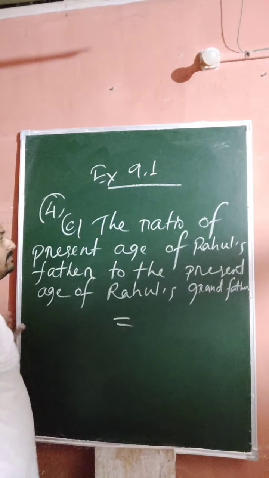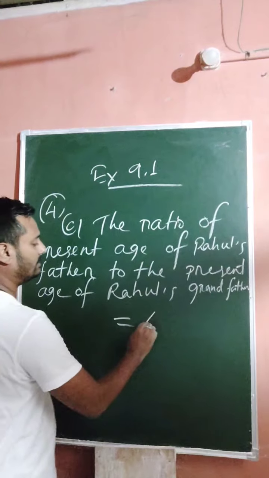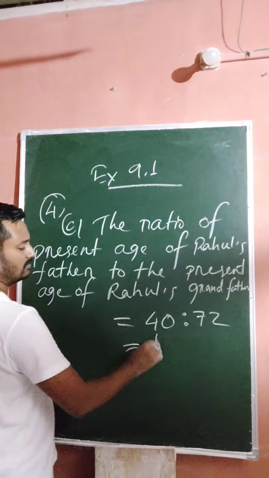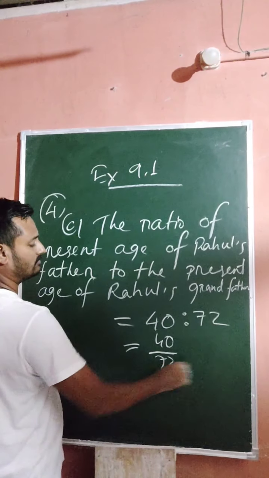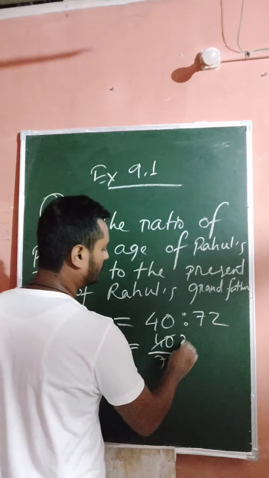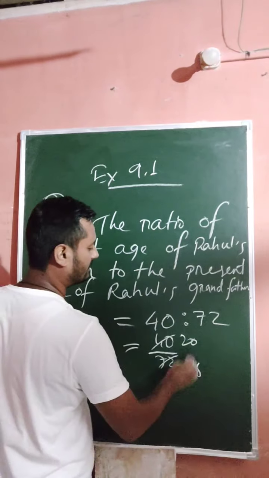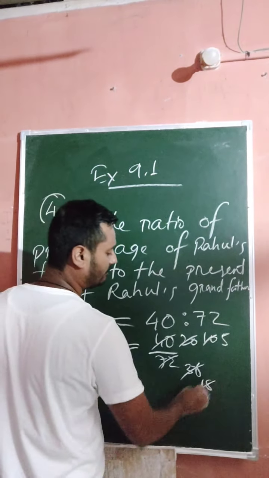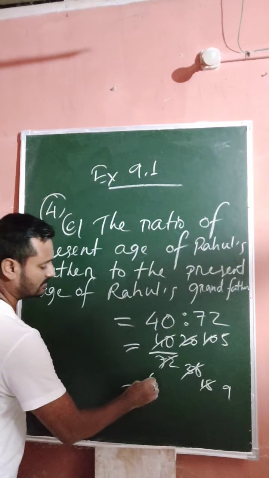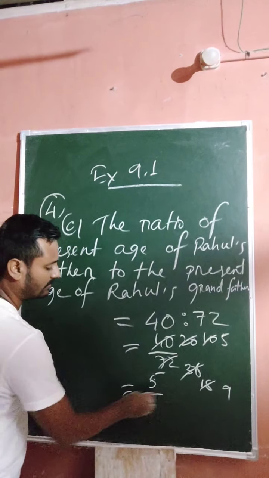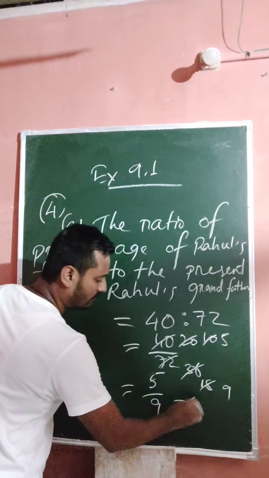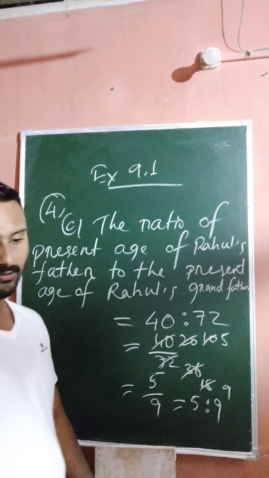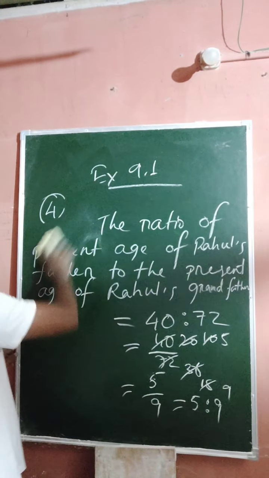So the ratio of the present age of Rahul's father to the present age of Rahul's grandfather. We know that the present age of Rahul's father is 40, and grandfather is 72. So 40 divided by 72, divided by 2, 20 becomes 36, again by 2, 18, 18 again by 2 becomes 9. That means 5 by 9, so 5:9.